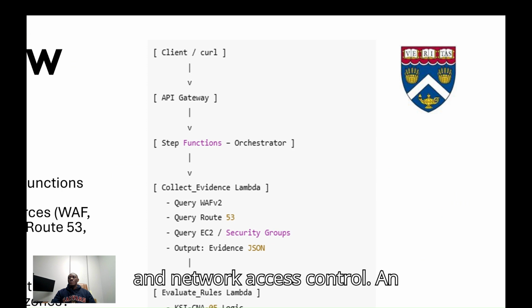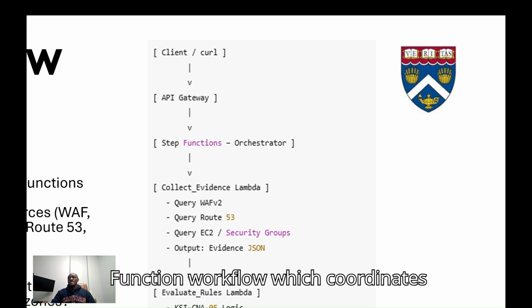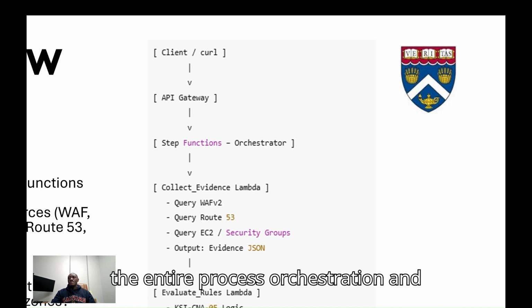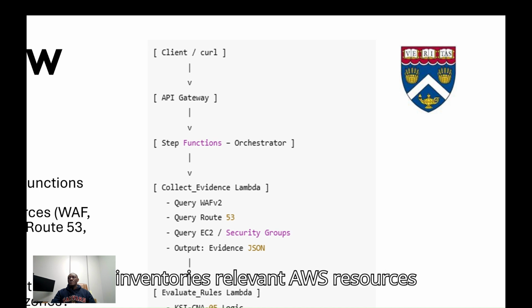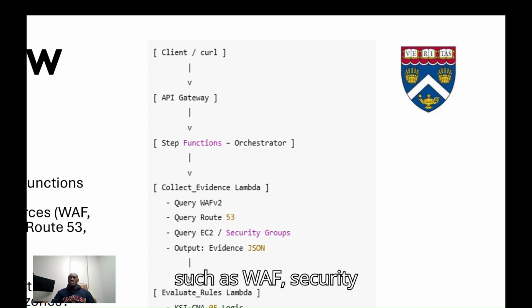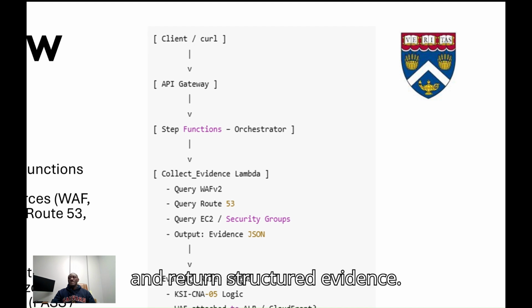An API Gateway request initiates a Step Functions workflow, which coordinates the entire process orchestration. Then the Collect Evidence Lambda inventories relevant AWS resources such as WAF, security groups, and Route 53 and returns structured evidence.